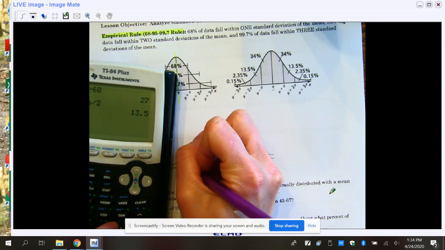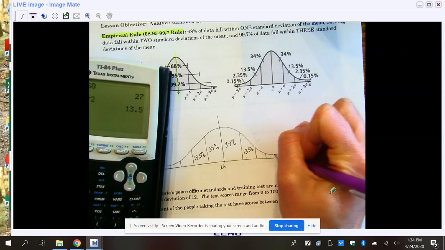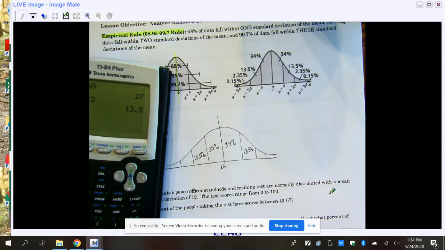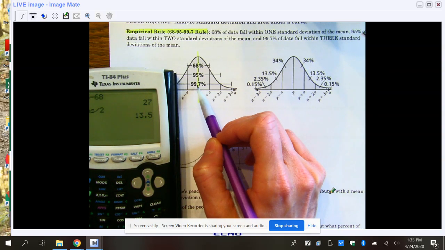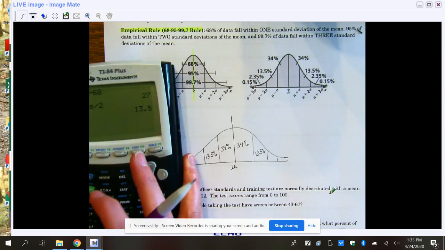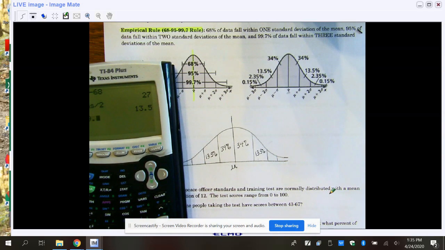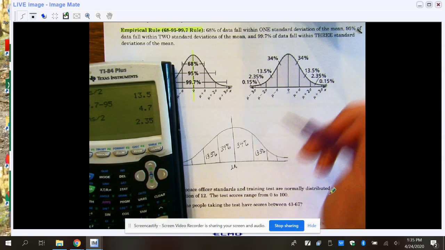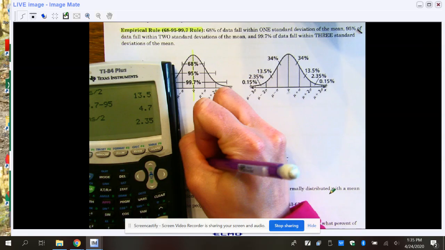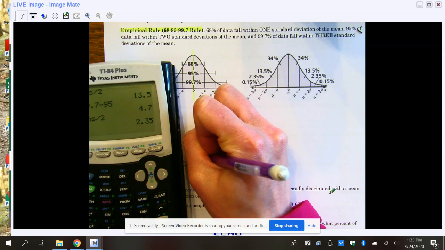If we go out one more, 3 standard deviations above and below, 99.7% of your data is found in that. But 95% is already spoken for, so the difference is 4.7. I have 4.7% left to split between those two bars, so that's where the 2.35% came in.